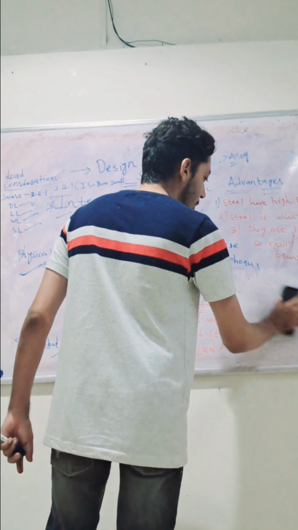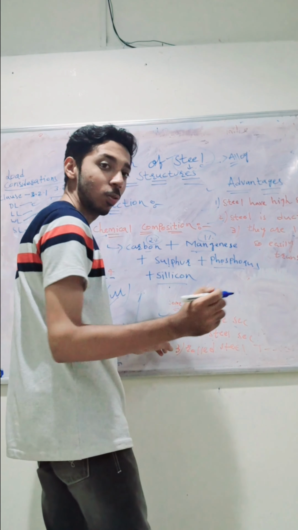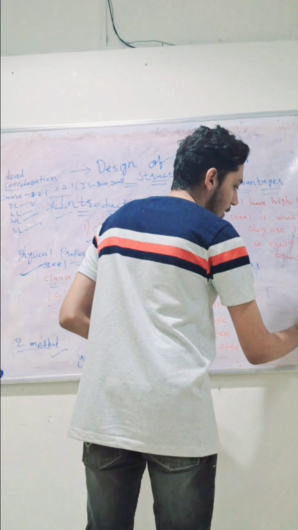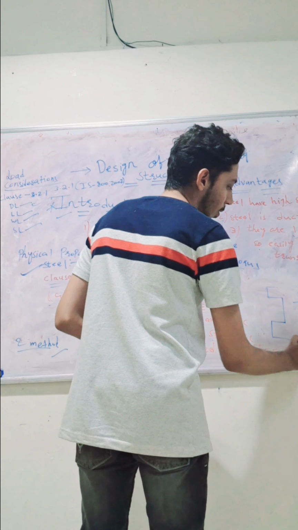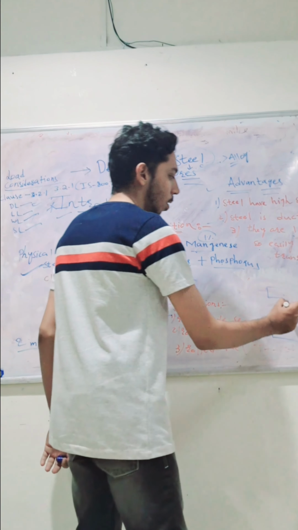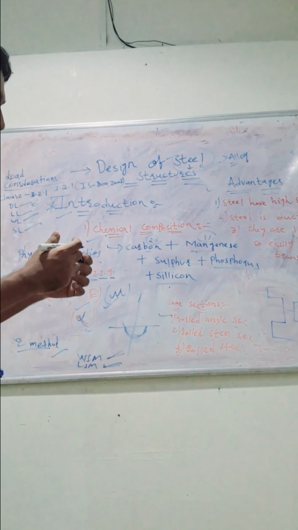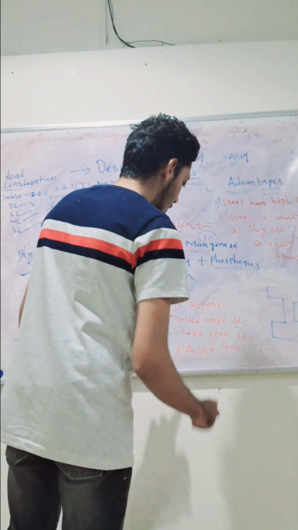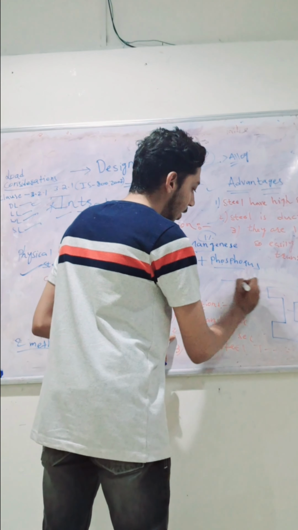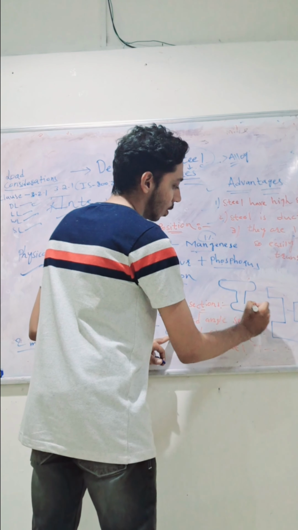I will explain it. Rolled steel sections like these. You find some rolled steel sections. This is your web and this is your upper part, lower part. Like this, you solve the problem. Then rolled angle sections are like this, and some angle is there here.